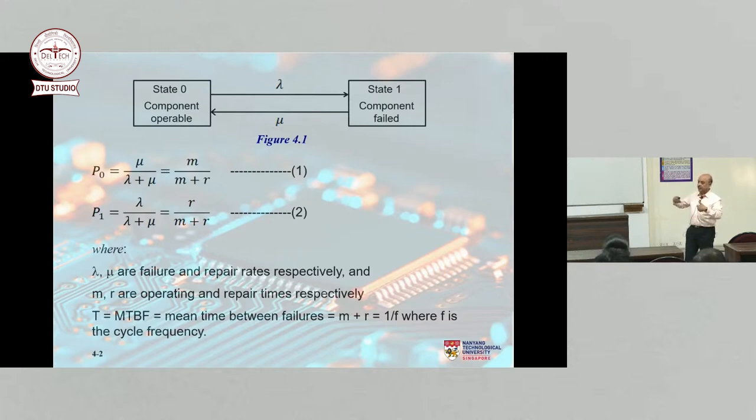So if you take the reciprocal, the mean time to failure m is 1 over lambda, remember? Similarly, the mean time to repair is 1 over mu. So you will find that lambda is small, mean time to failure is large. Mu is large, but the repair time is small. So they are each other's reciprocal, so to speak.